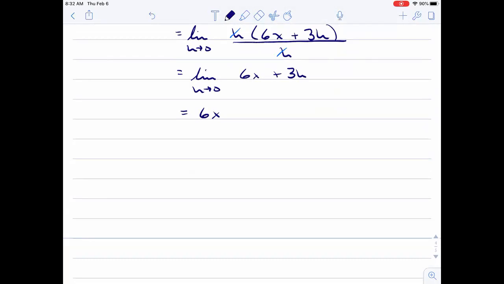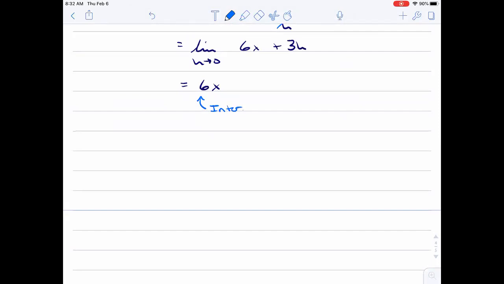If we think about y equals 6x, then we've just got a straight line with a slope of 6, intercept of 0. To interpret this, this is a straight line with a slope of 6 through (0, 0).